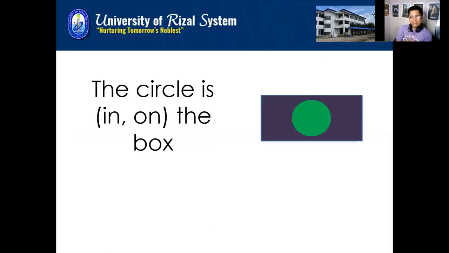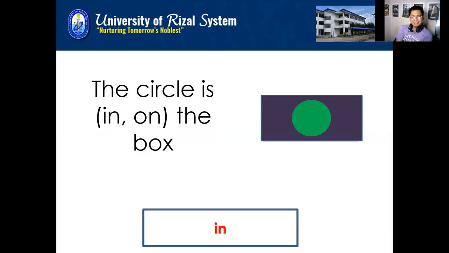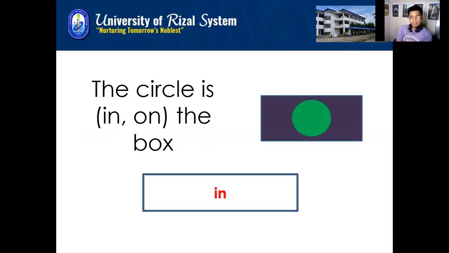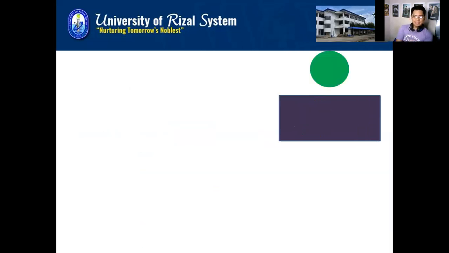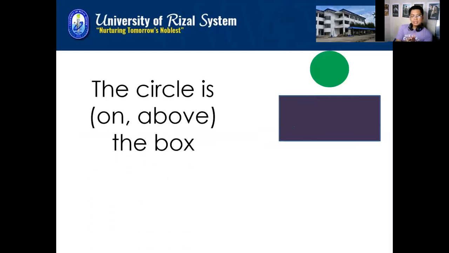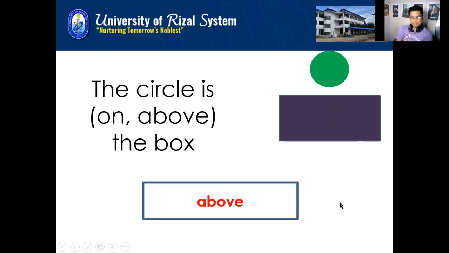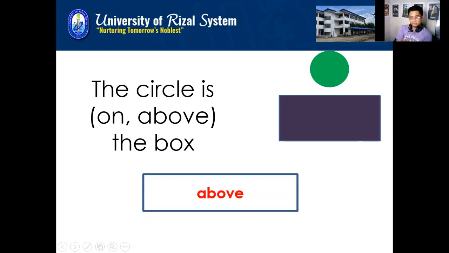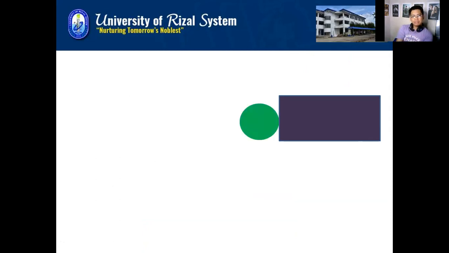It looks like a flag in the box. Now, the circle is on or above the box. You notice here that the circle is a little bit away from the box. So it's above.